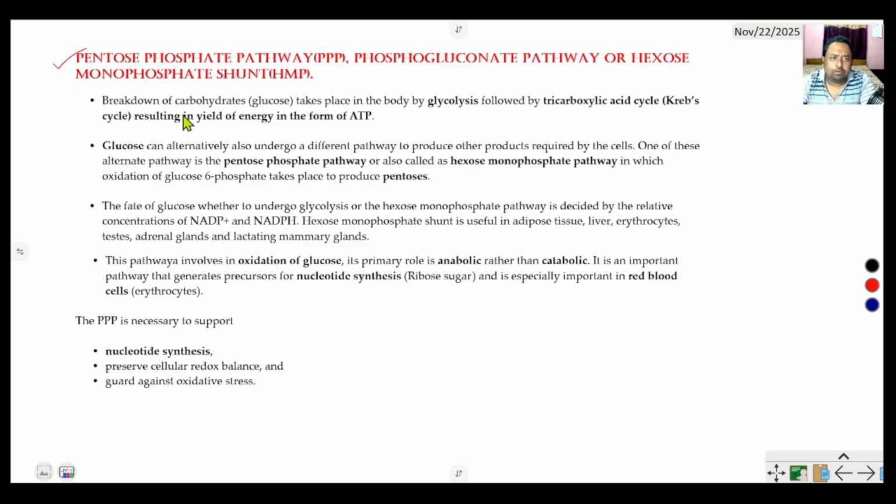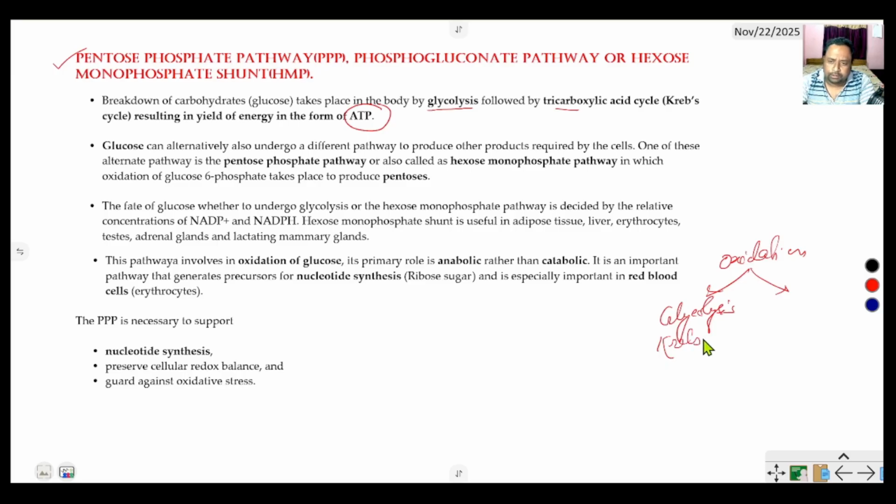The breakdown of carbohydrate takes place in the body by glycolysis. Normally in our body, carbohydrate breakdown occurs by glycolysis and the tricarboxylic acid cycle, and produces ATP.